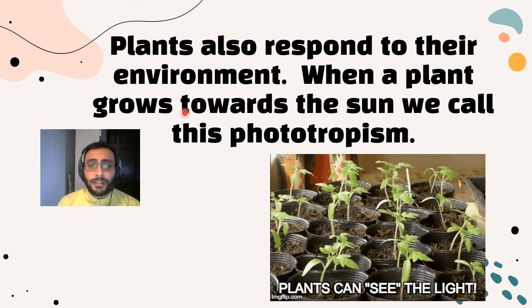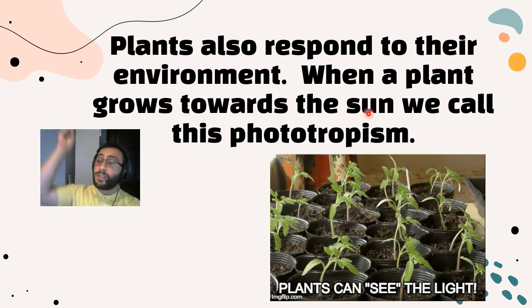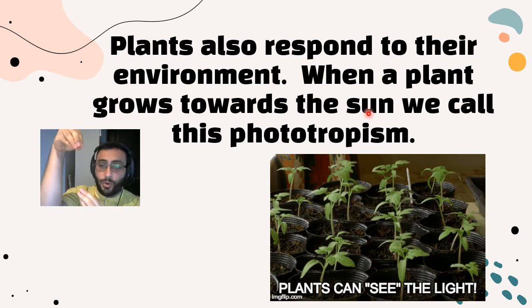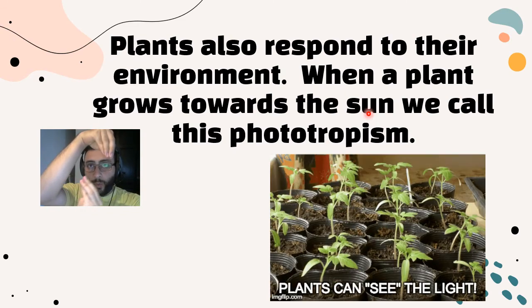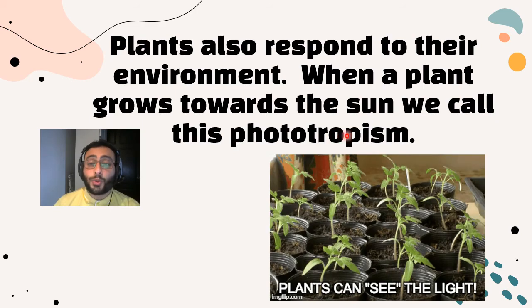When a plant grows towards the sun, you see, for example, if the sun is here, the plant will grow this way. If the sun is here, the plant will grow this way. They call it phototropism.